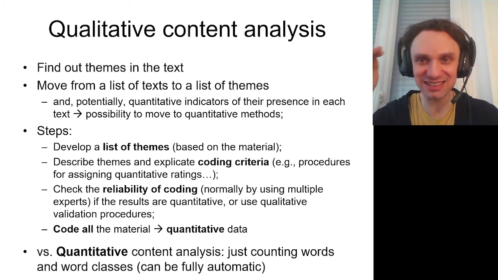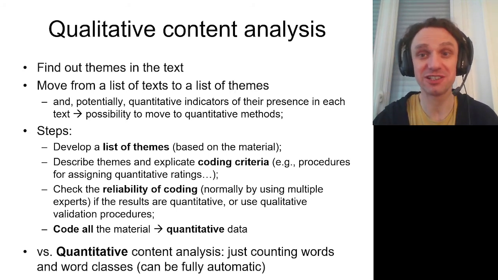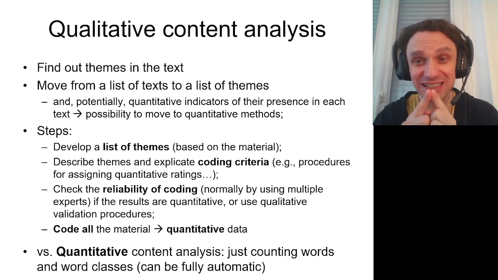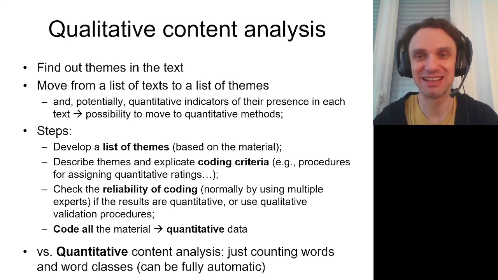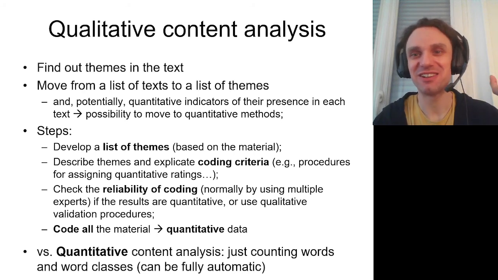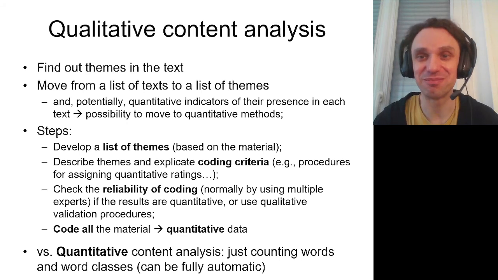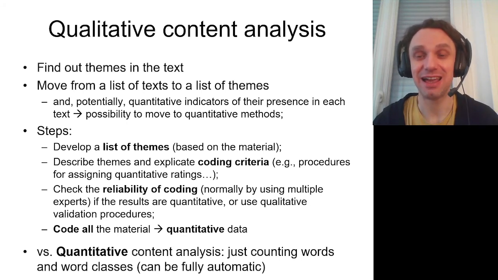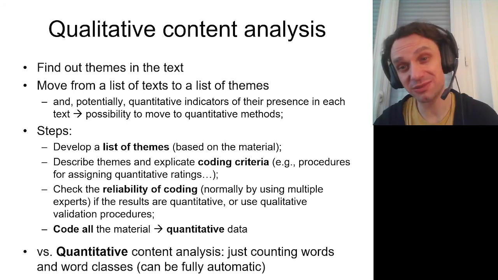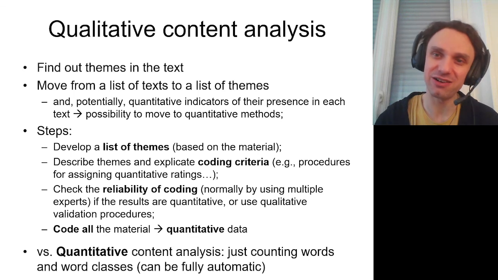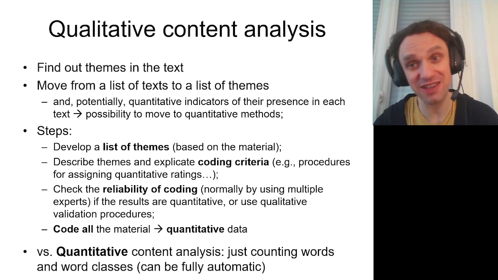And during this initial work, first you refine your coding criteria, because sometimes there are problematic aspects. For example, I dream that my favorite singer will come to my city and give a concert. And is this about relationship, or is this about entertainment, or is it about something else?